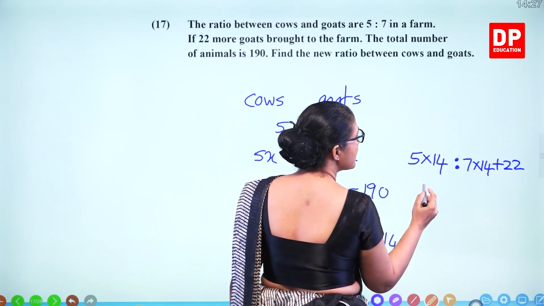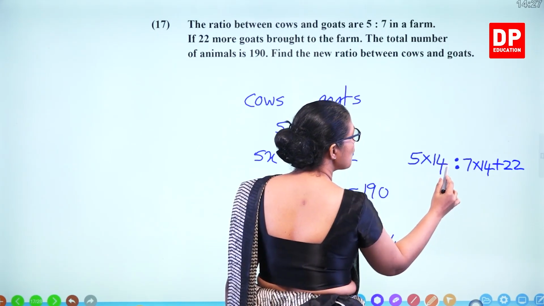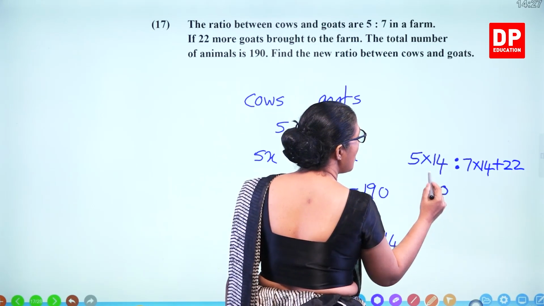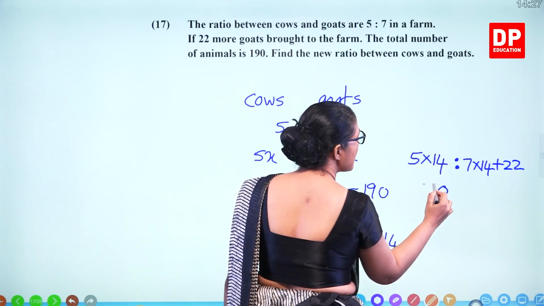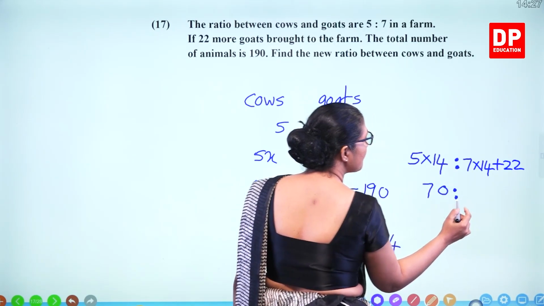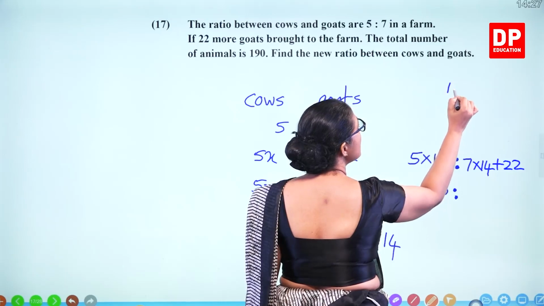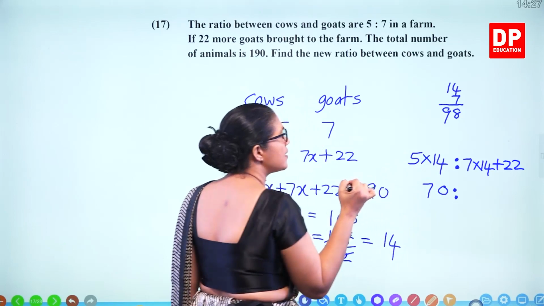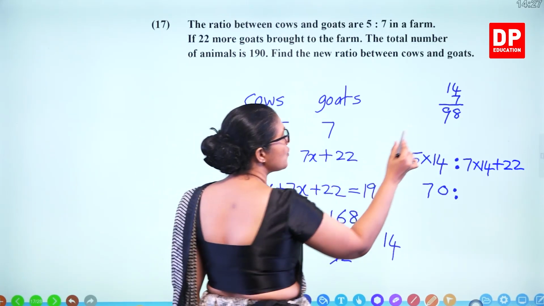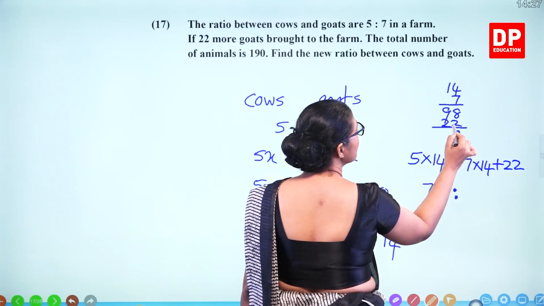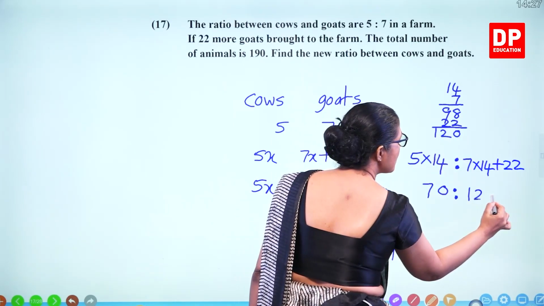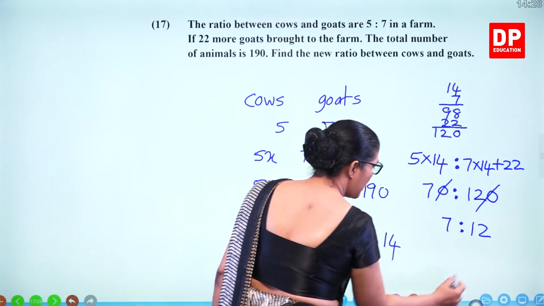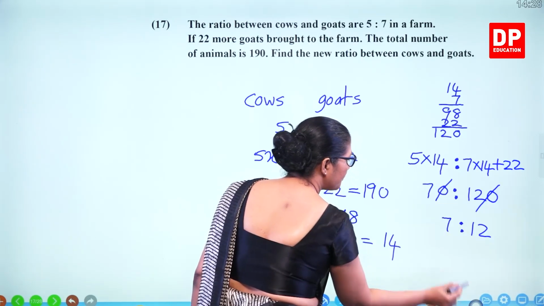Can we simplify this? 7 times 14 is 98. 98 plus 22 is 120. So you can divide by 10. 7 to 12 is the new ratio. So 2 marks there.